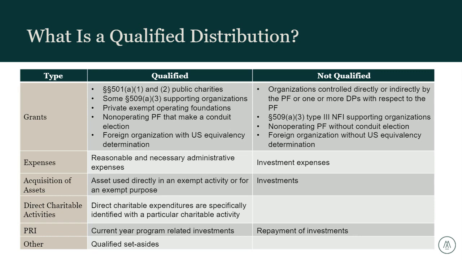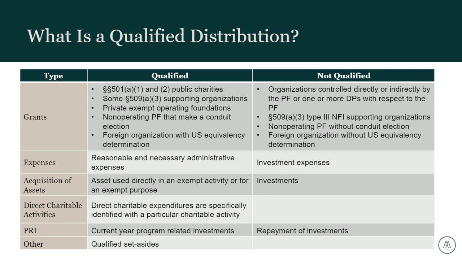So this is an election that's not used very often, but something that you may want to consider, especially if you grant out early and you grant out 100% of the money that you receive. You can make a conduit election, and therefore if an organization makes that conduit election and you know about that, then you can grant to them as well.